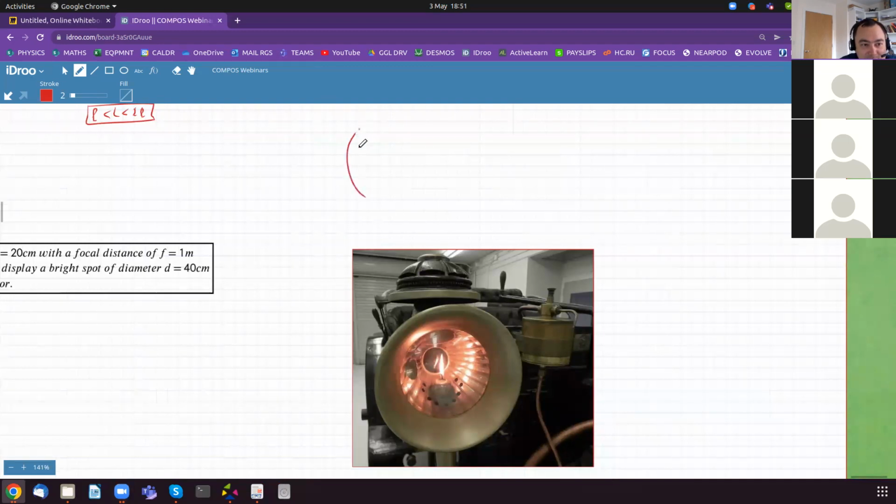So you have a curved mirror, and you have a source of light, a candle, which is a good example of a point source of light. And you can have the headlamps going like this.